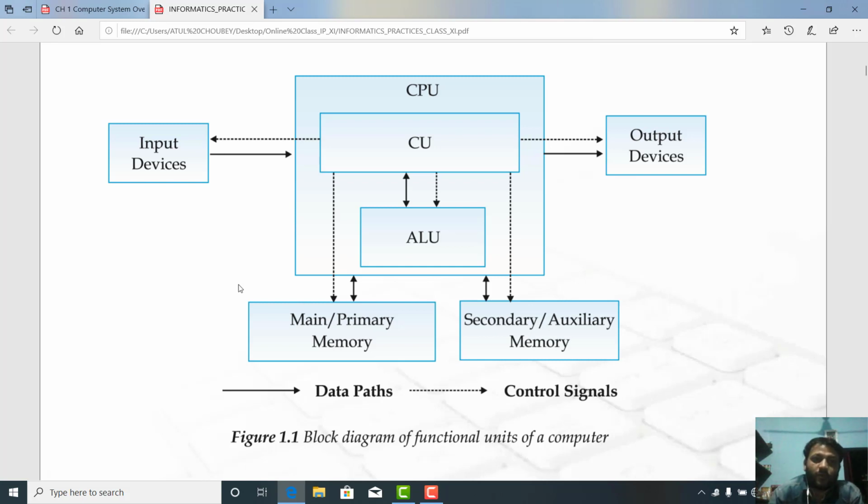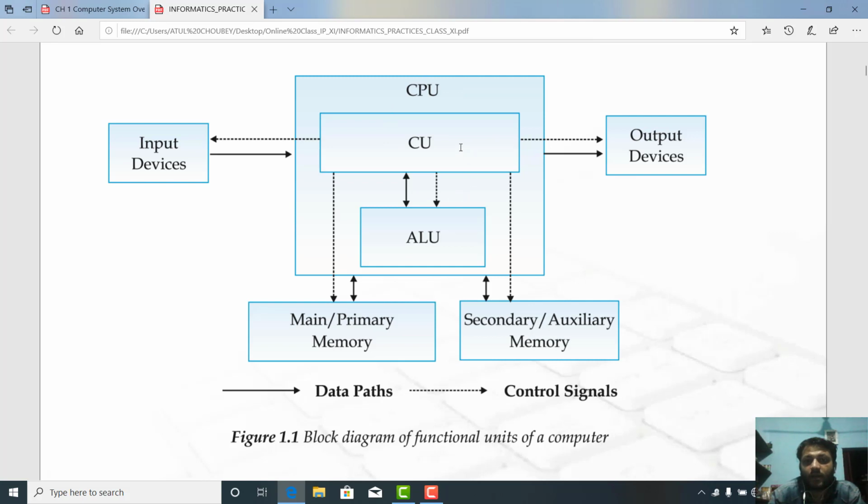So first block is the input device, this is your first block. And after receiving input it comes into CPU. This is the part of CPU.